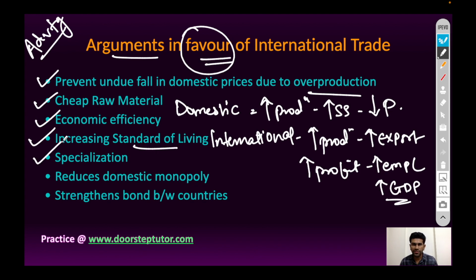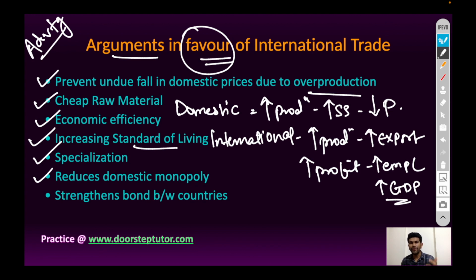Next, specialization. It helps in improved productivity. Improved productivity means increasing the number of production within a stipulated period of time. Reduces domestic monopoly.